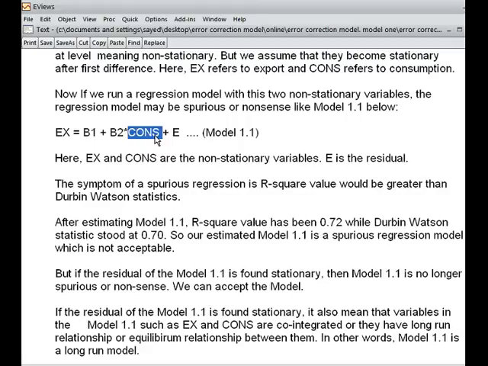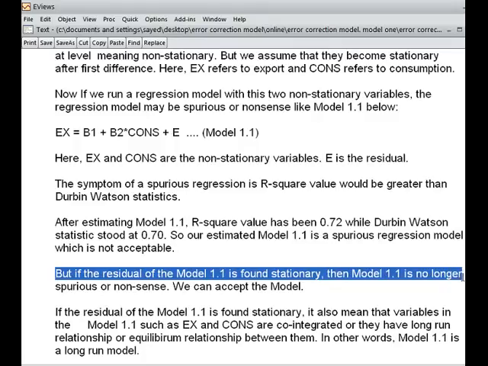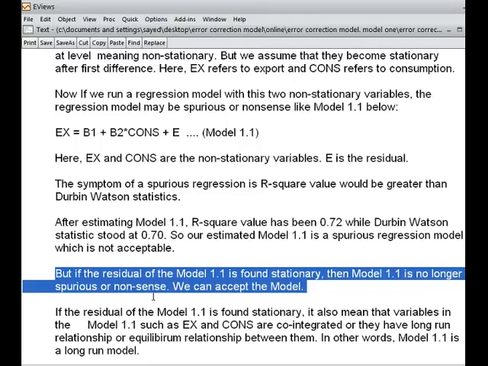That is the number one condition that will have to be. And second is the residual of the model 1.1 should be stationary. And if it is happen, then model 1.1 is no longer spurious or no longer nonsense. So we can accept the model. Okay.